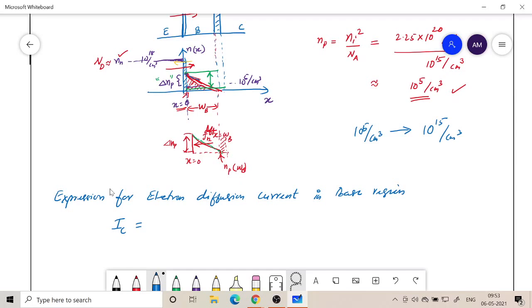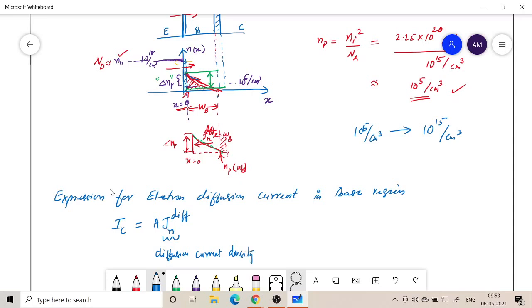I hope you know that the expression for the diffusion current, if I can express it in either the normal current or the current density. So it is basically A into the current density. Here it is the diffusion current due to electrons. So diffusion current density, so J is standing for diffusion. This is diffusion current density, and density means per unit area.